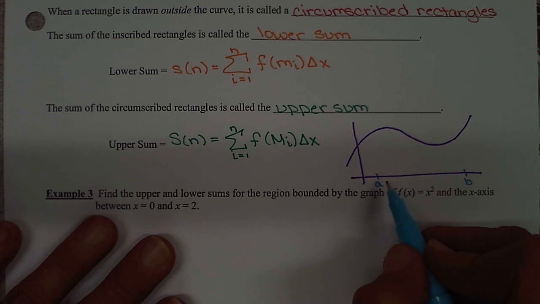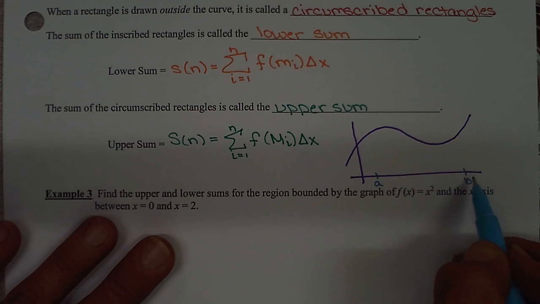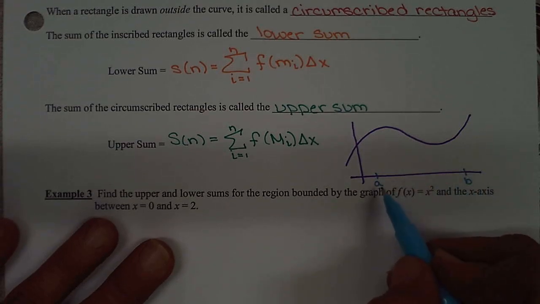So whenever we were doing the ones yesterday, we had to put in 5 rectangles. The distance between my 2 points was 2, so we took 2 divided by the 5, and each rectangle had a width of 2/5. So what you're going to do is first you figure out the distance between these points, and then you go and you divide it by however many rectangles you have.